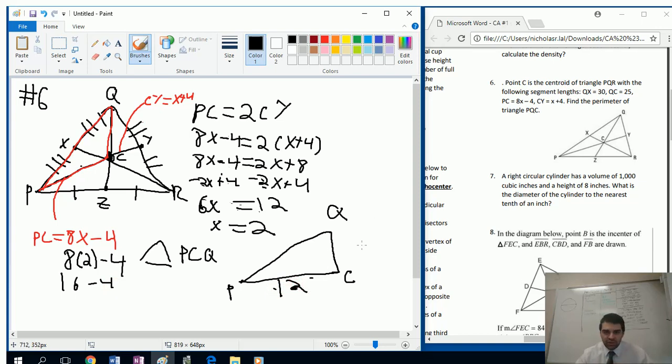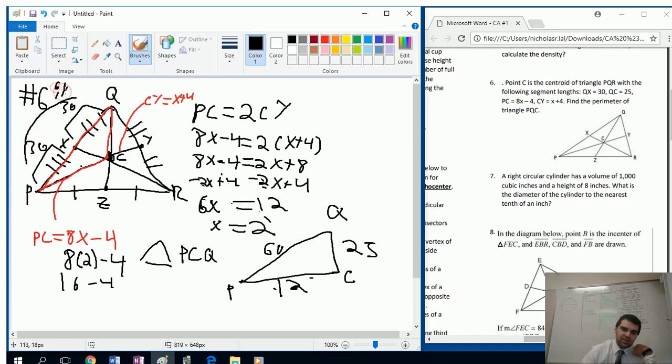Then QC is going to be equal to 25. And QP is going to be equal to 60. Well, how do we know that that's going to be equal to 60? Because QX is going to be equal to 30. This is going to be equal to 30 because it's equivalent, and combined, they're going to be equal to 60.